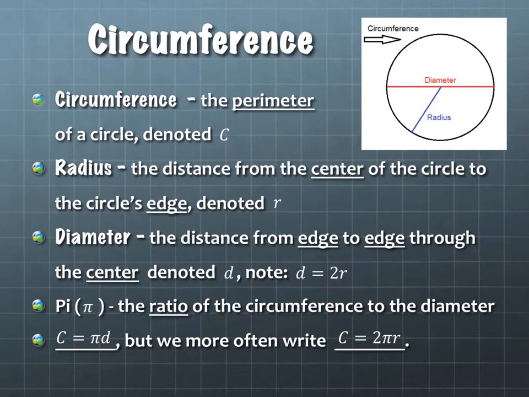We call this C, we call this R, and diameter, which we'll call D, I'll go ahead and write in. The radius is the blue part on the circle. The diameter is the distance from edge to edge through the center. It's denoted D. And you should notice that D is twice what R is. If the radius goes from the center out, and I go from the center out in both directions, I've got twice the radius.